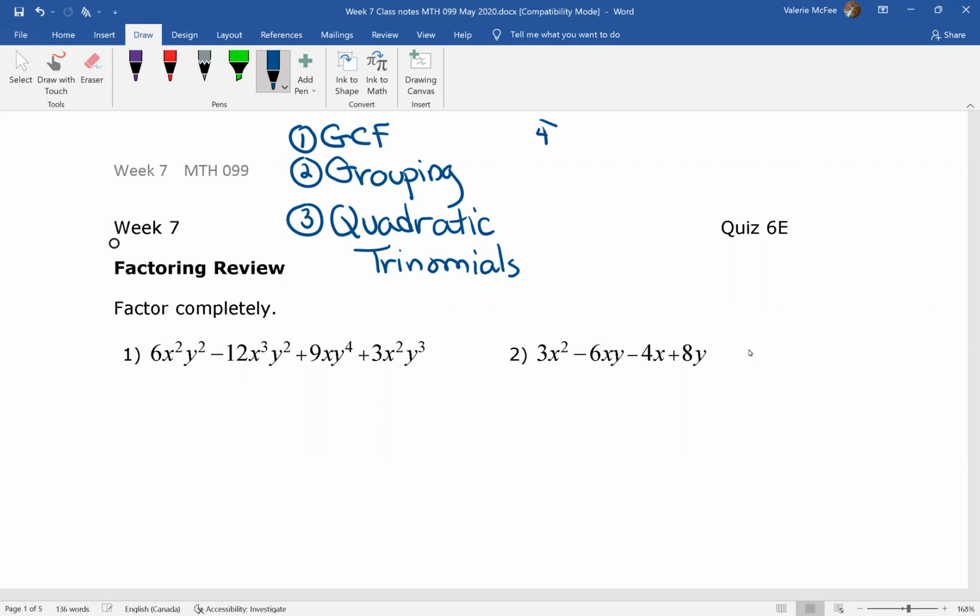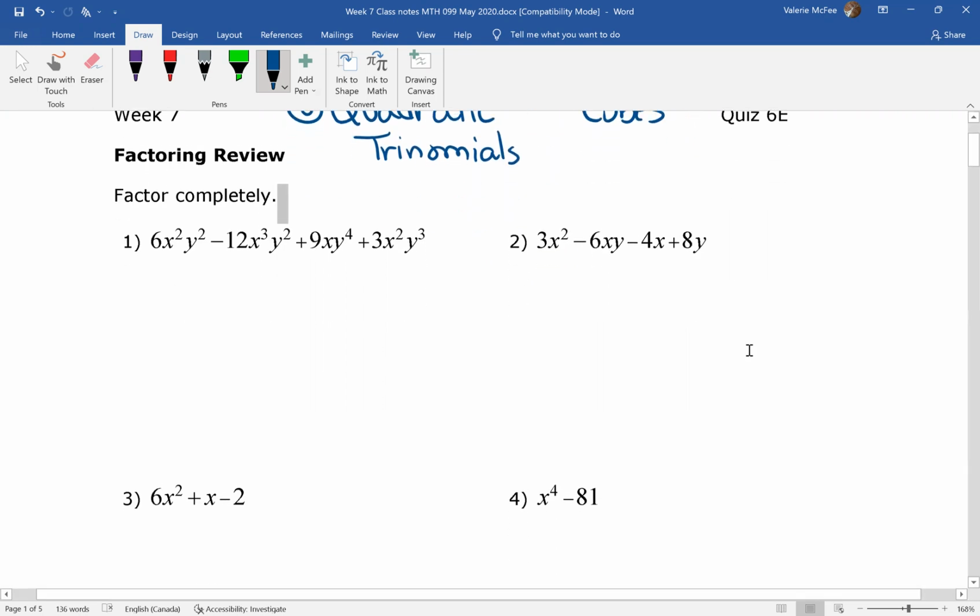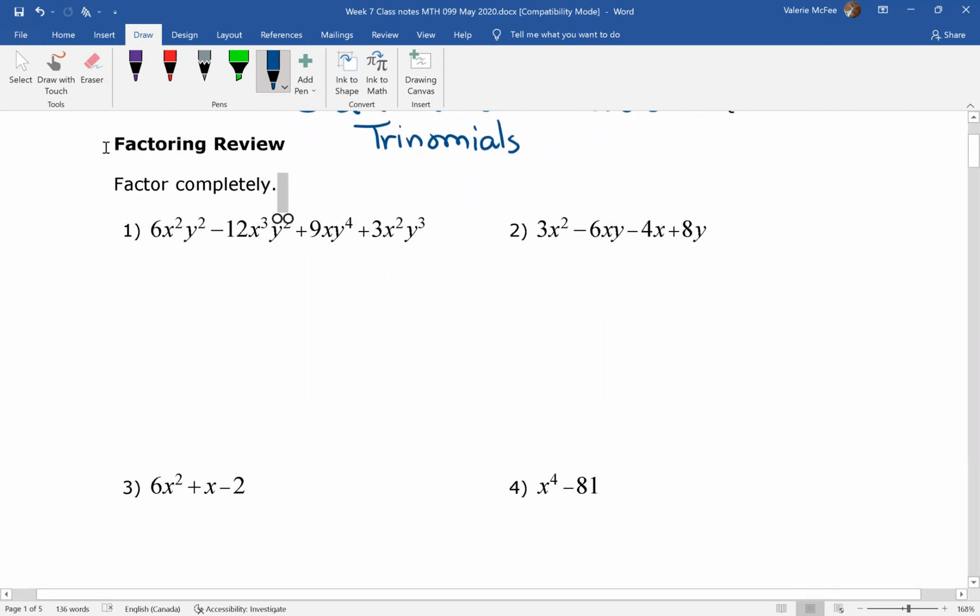There were three formulas I asked you to memorize. One was to help you factor a difference of squares, and then the other two were to factor a sum or difference of cubes. So having all those in mind, why don't you pause your video and try the first two here.